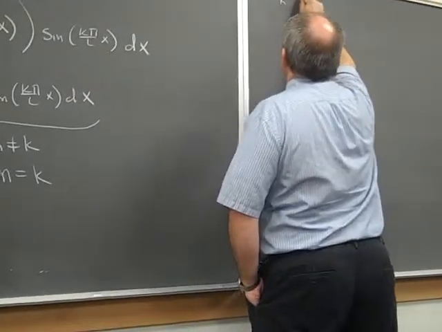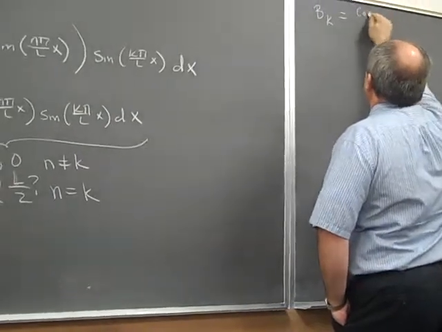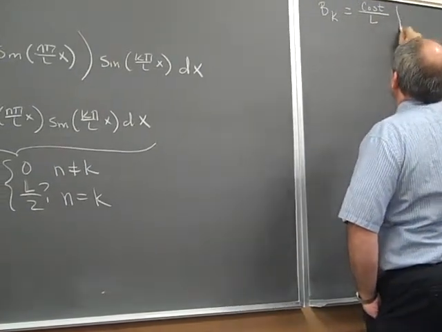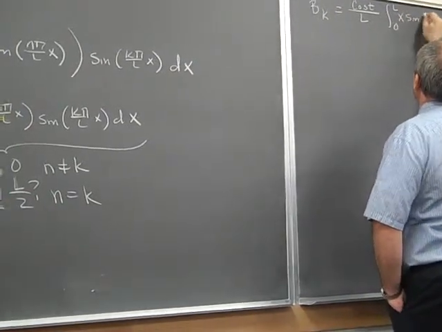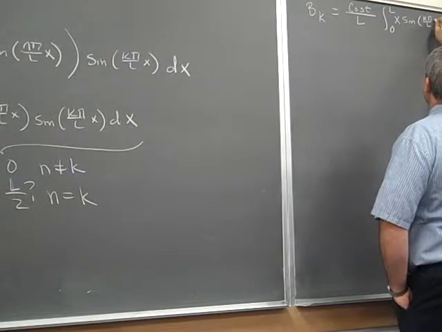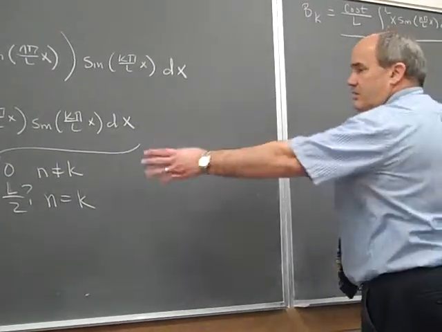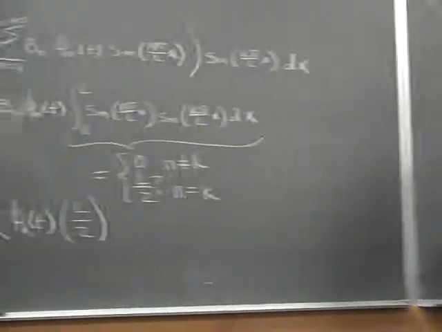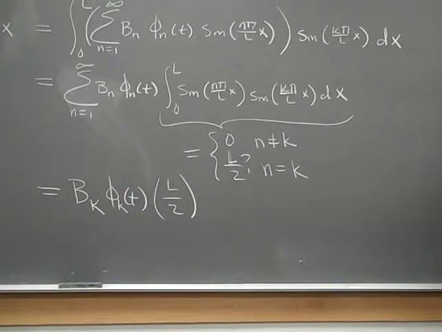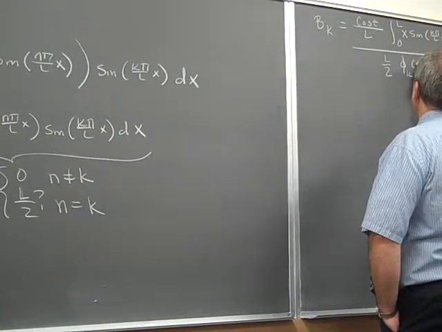So we end up with b sub k being the cosine of t over L times the integral from 0 to L of x sine of k pi over L x dx divided by this stuff. So assuming that we're correct, this would be L over 2 phi k t.